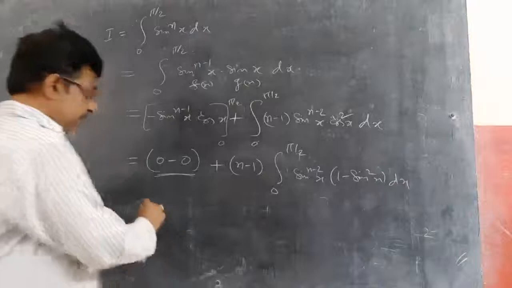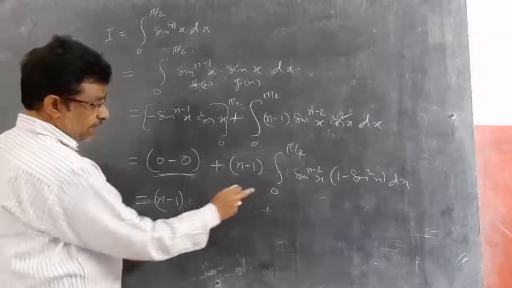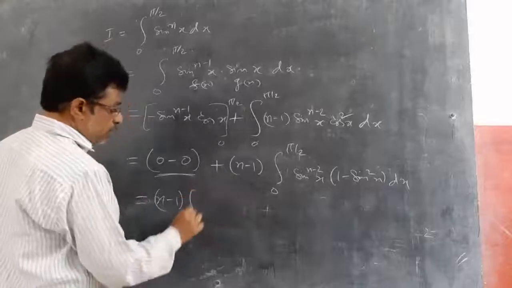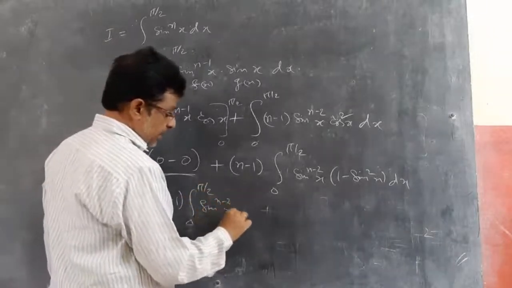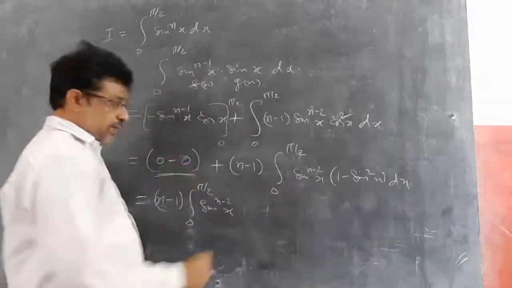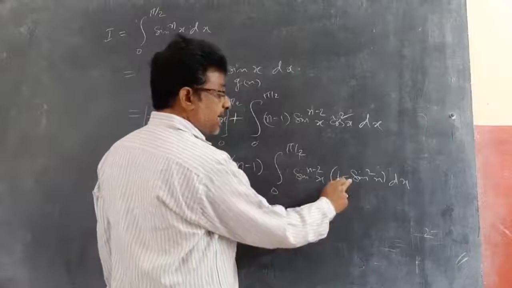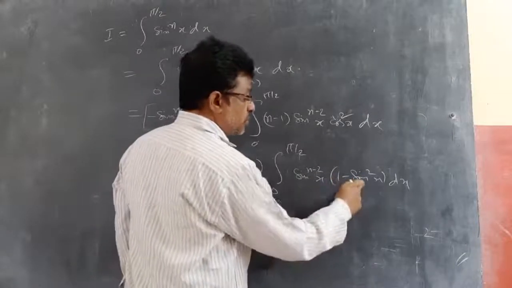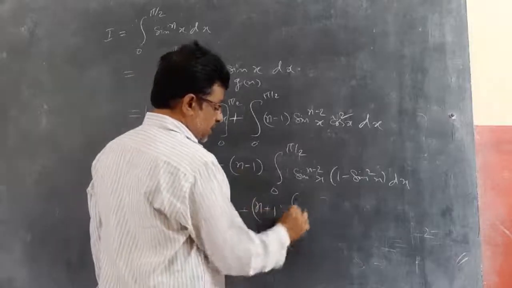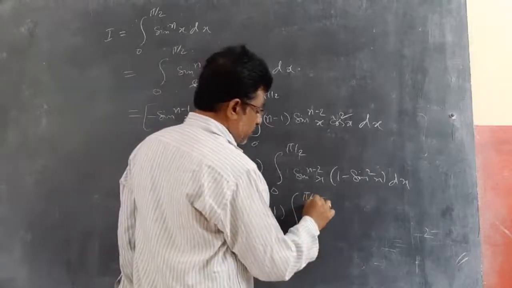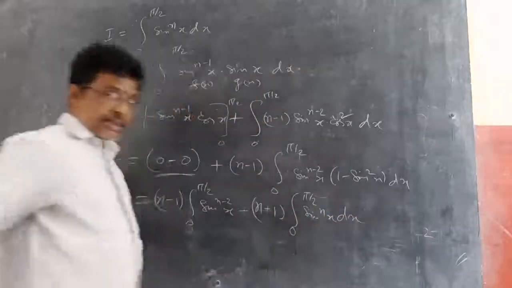Now if I open the bracket, n minus 1 into integral of 0 to pi by 2 sin power n minus 2 x into 1, minus sin power n minus 2 into sin square x, which is sin power n x. This n minus 1 belongs to both, so I write here also, integral 0 to pi by 2 sin power n x dx.